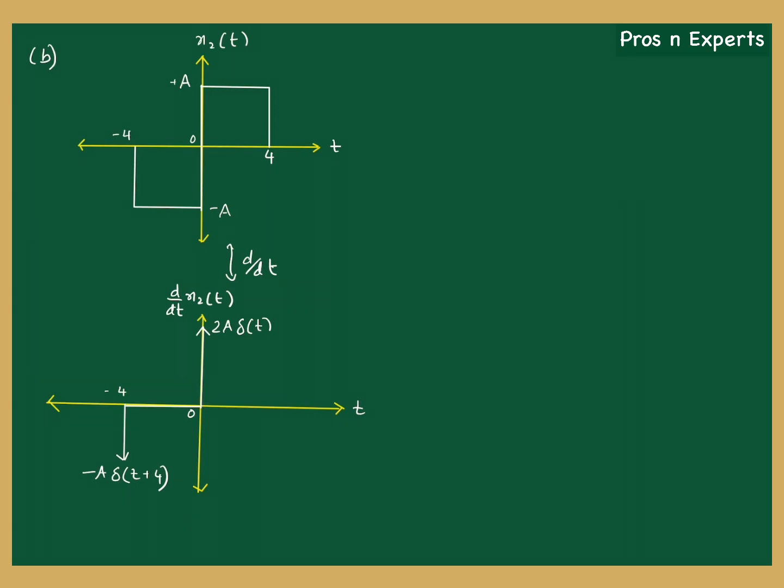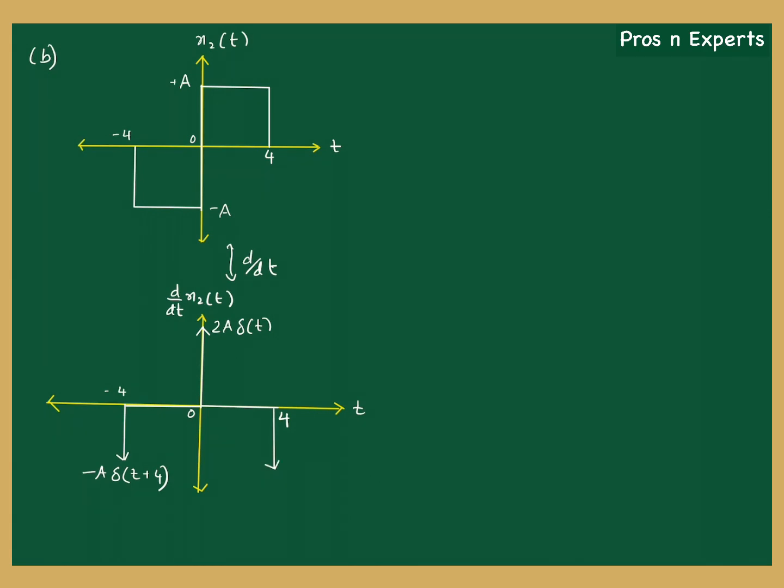Now beyond 0 and up to 4, the amplitude of the signal x2 of t is constant, so its slope in d by dt of x2 of t will be 0. And what happens at 4? At 4 you can see that as t increases, there is a negative abrupt change, so its slope will be an impulse oriented in the negative direction.